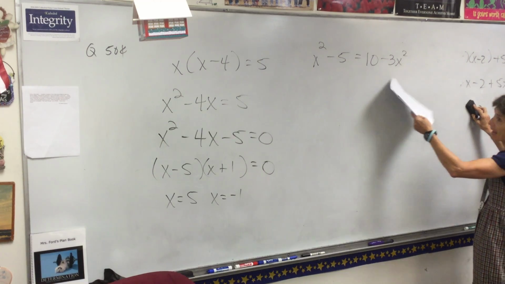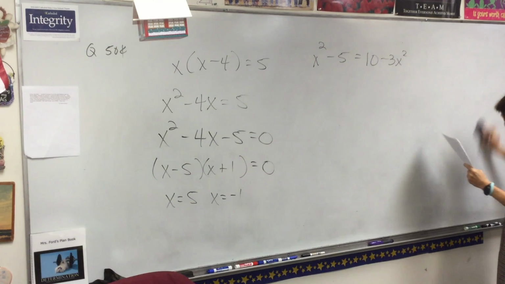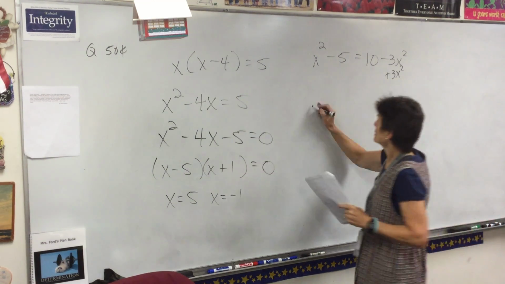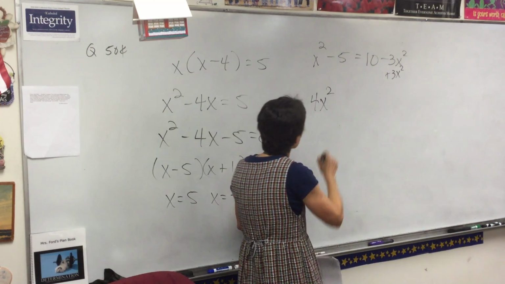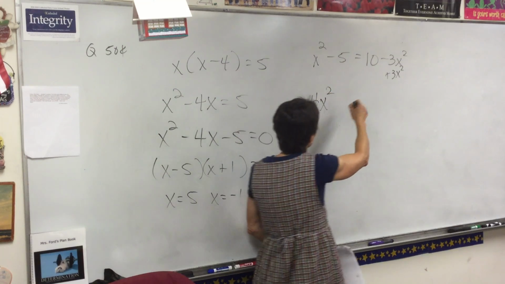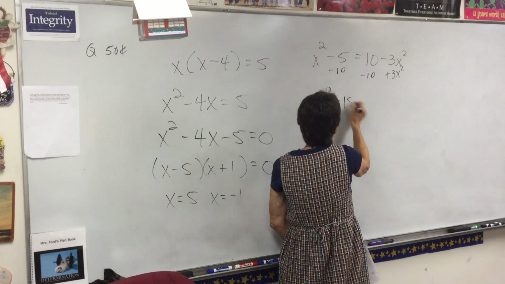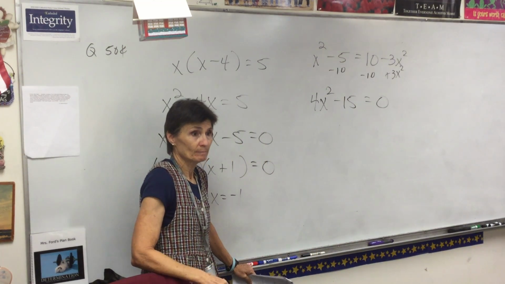You can't really add those two together, but you can move this over there. So we'll add 3x squared. Didn't we just talk about getting it set equal to 0? Yes. So we add the 3x squared and then we'll subtract the 10. So minus 15. That look okay?